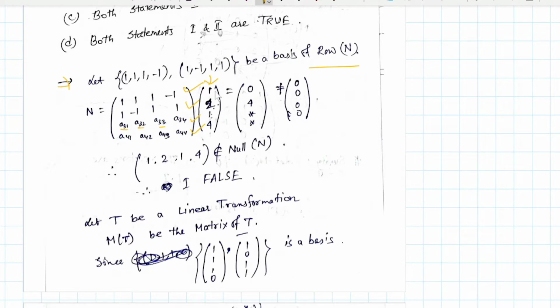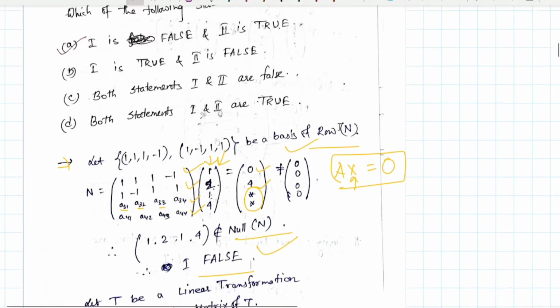That means if we multiply the matrix by this vector, the result must be equal to 0, but we see here that there is a non-zero term. We don't need to know the other two rows, because if one term in the matrix is non-zero, the matrix is non-zero. So the vector (1, 2, 1, 4) does not belong to the null space. That means statement 1 is false.